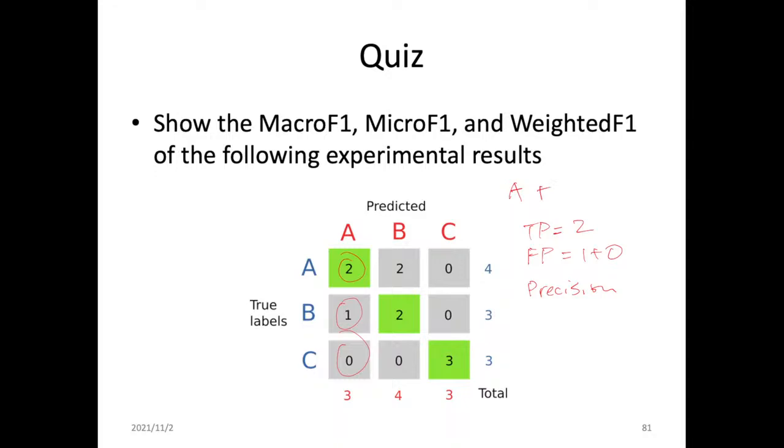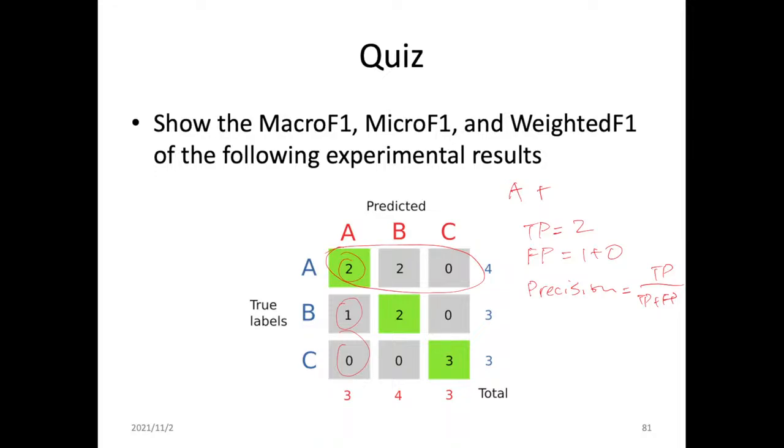It's essentially just TP divided by TP plus FP. How about recall? For recall, out of all the instances that truly belong to A, how many of them are predicted as A?